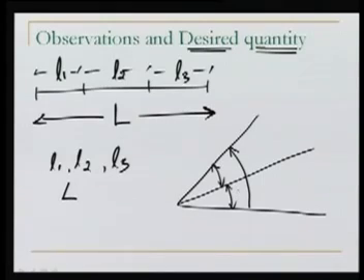Similarly here, our desired quantities in this case are alpha 1 and alpha 2, but we have also observed alpha 3.